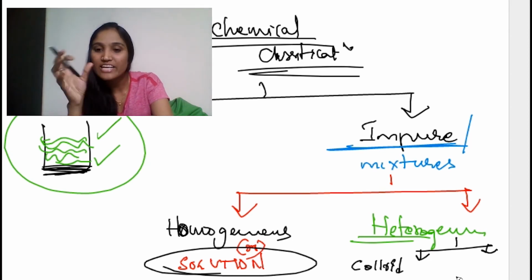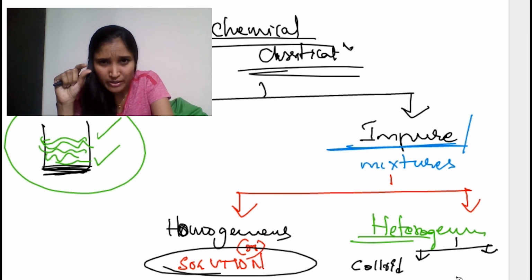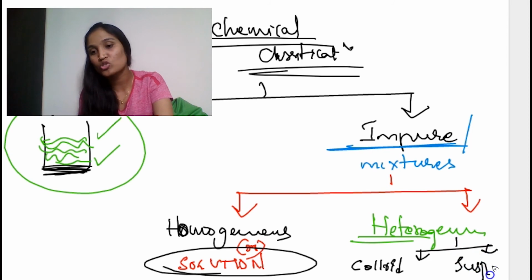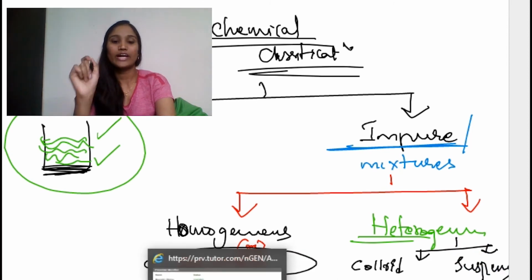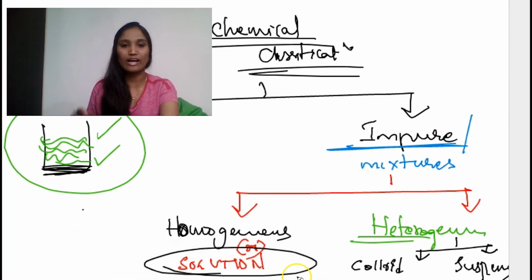Now the other type of heterogeneous mixture is one in which the particle size is bigger or considerable. Such mixtures are called suspensions. What do we call them? Suspensions.